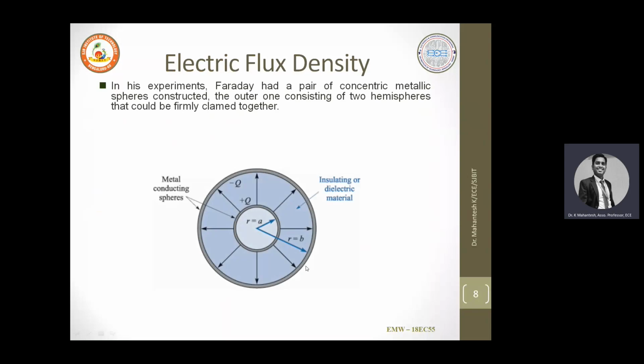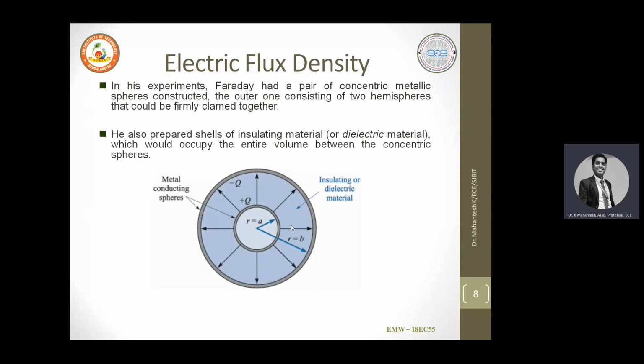In his experiments, Faraday had a pair of concentric metallic spheres constructed, the outer one consisting of two hemispheres that could be firmly clamped together. He also prepared shells of insulating material which would occupy the entire volume between the concentric spheres. Faraday's experiment showed that a large positive charge on the inner sphere induced a correspondingly large negative charge on the outer sphere, leading to a direct proportionality between the electric flux and the charge on the inner sphere.